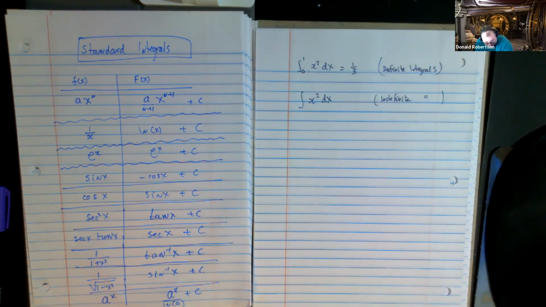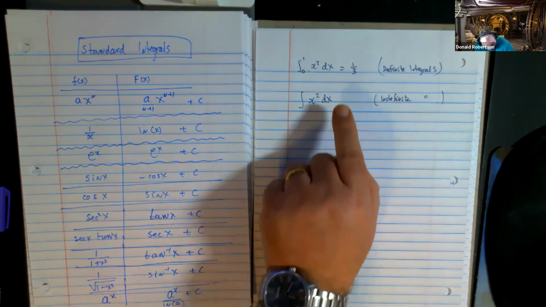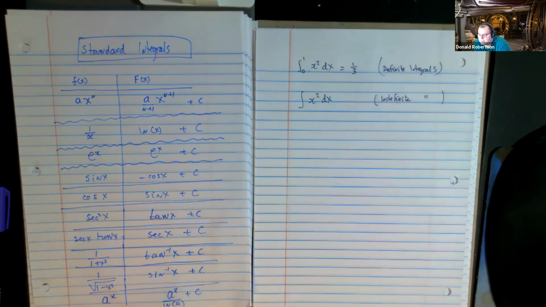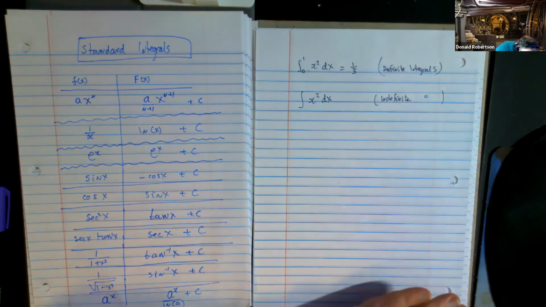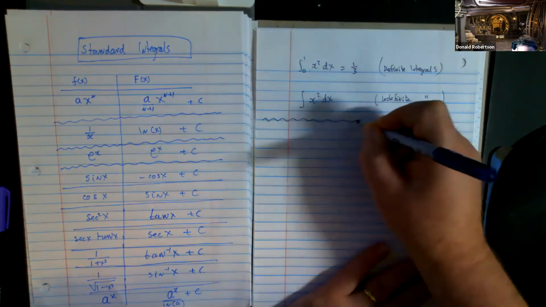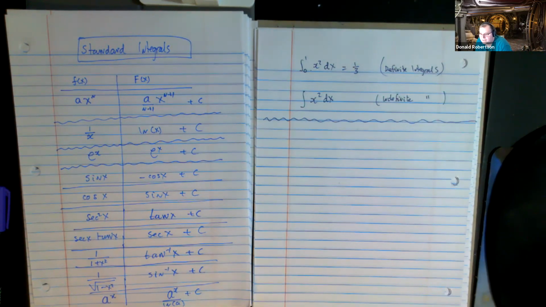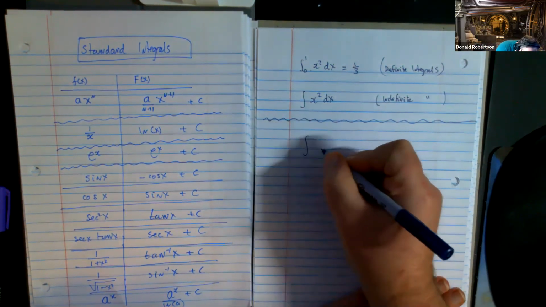So the next section deals with finding some of these, but mostly finding indefinite integrals. So you might think, well, how do we get an indefinite integral? Well, you've actually done a lot of indefinite integrals on Thursday. I just didn't call them that. So let's show you how it works.